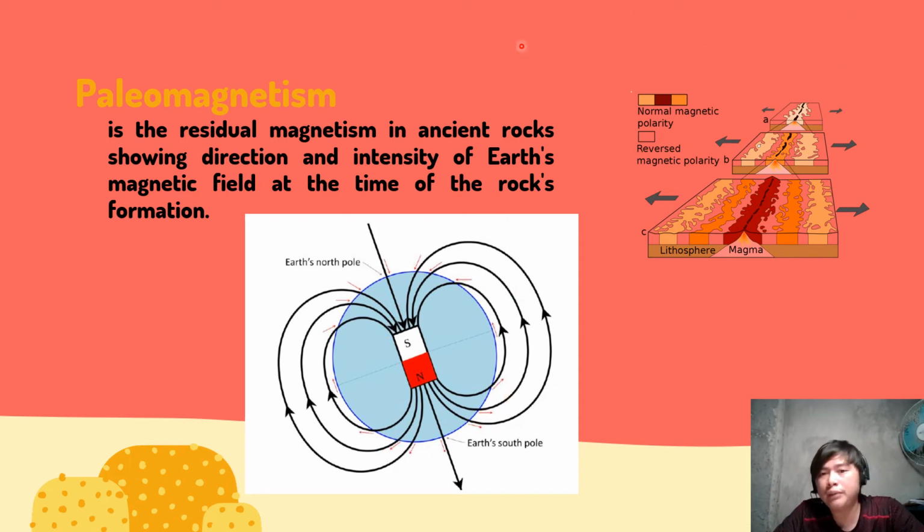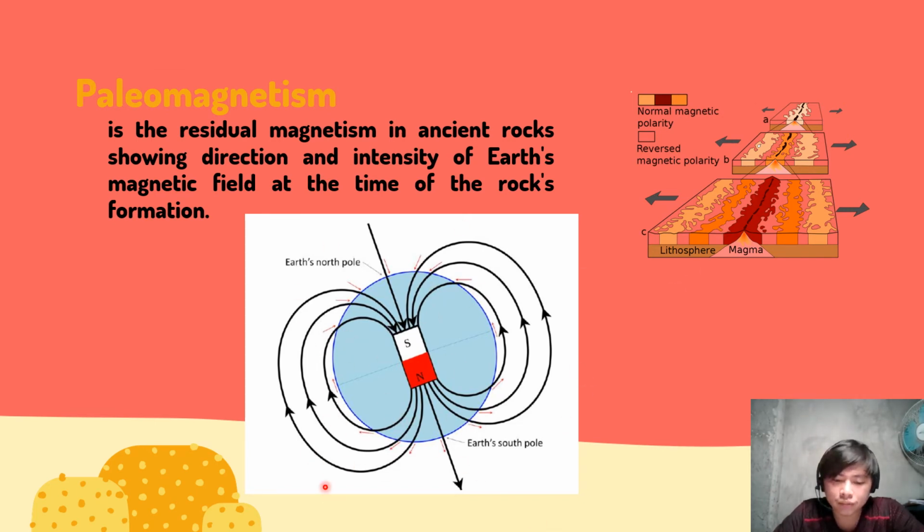The second image shows the seafloor spreading, wherein there is an upwelling of magma. This upwelling of magma will cool down and result in basalt, or rocks that contain iron, a magnet kind of material. So the normal magnetic polarity is represented with a color, while the no color there is represented as the reverse magnetic polarity.